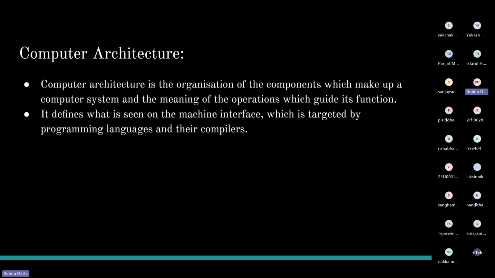Computer architecture is basically everything that enables you to do all this. It includes the CPU, the registers, the cache, all of those. And your assembly is going to depend on how exactly your computer is built.